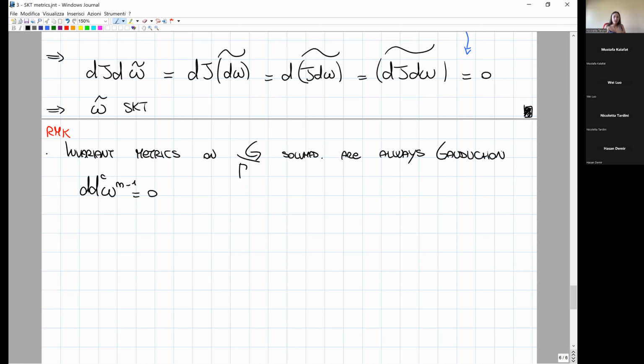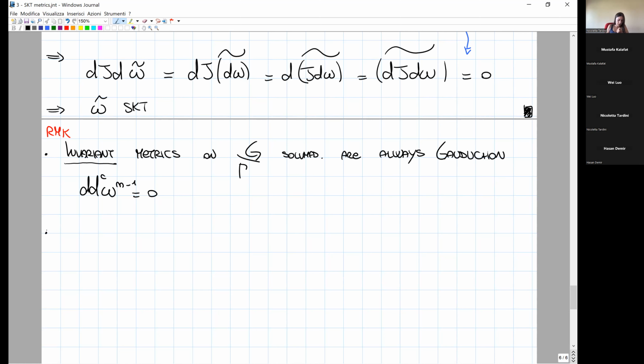Gauduchon. And these metrics always exist on every compact complex manifold. And in fact, if you have an invariant metric, then it will always be Gauduchon. This can be proven directly using the Lie algebra. Okay, but probably we will not see the proof today, but they always are Gauduchon.